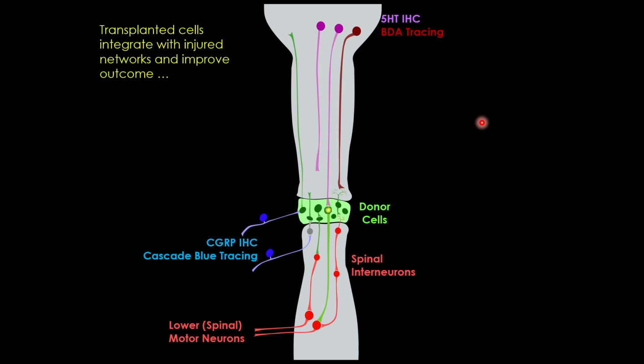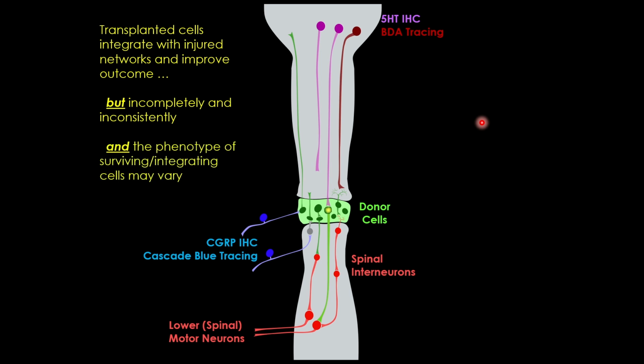And as I said, many people have now shown over several decades, from Paul Reier's work, John Houle, Mark Tuszynski, Itzhak Fischer, they've all shown that these donor cells survive and integrate with the injured spinal cord networks, and they can improve functional outcome. But the degree of recovery is usually incomplete, and from a lot of the studies that have been done over time across different research teams, the degree of recovery in different systems can also be relatively inconsistent.